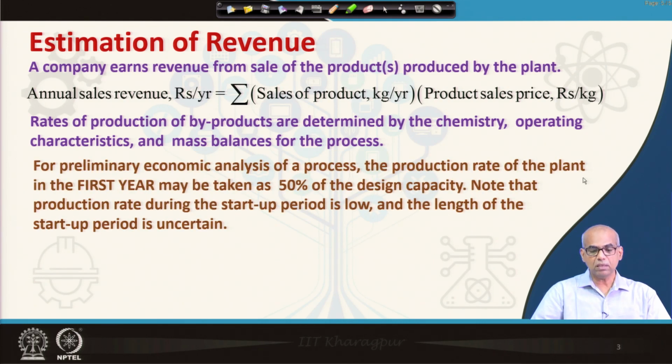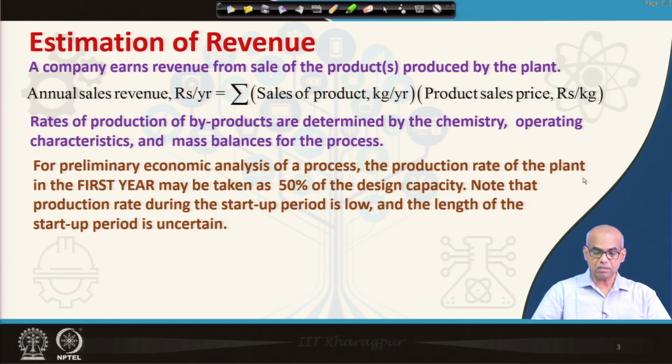For preliminary economic analysis of a process, the production rate of the plant in the first year may be taken as 50% of the design capacity. This is because in the first year, the production rate during the startup period will generally be low because the plant may not run at its full design capacity, and also the length of the startup period is uncertain.